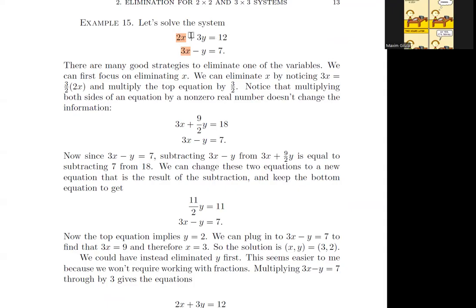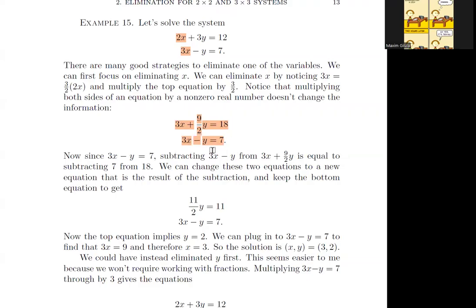So we can multiply the whole top equation by 3 halves without changing the information. Right? If I multiply both sides of an equality by a non-zero scalar, I don't lose any information. It'll be the exact same information. So if we multiply both sides by 3 halves, we get this new equation, 3x plus 9 halves y equals 18. And we could just leave the second equation as is.